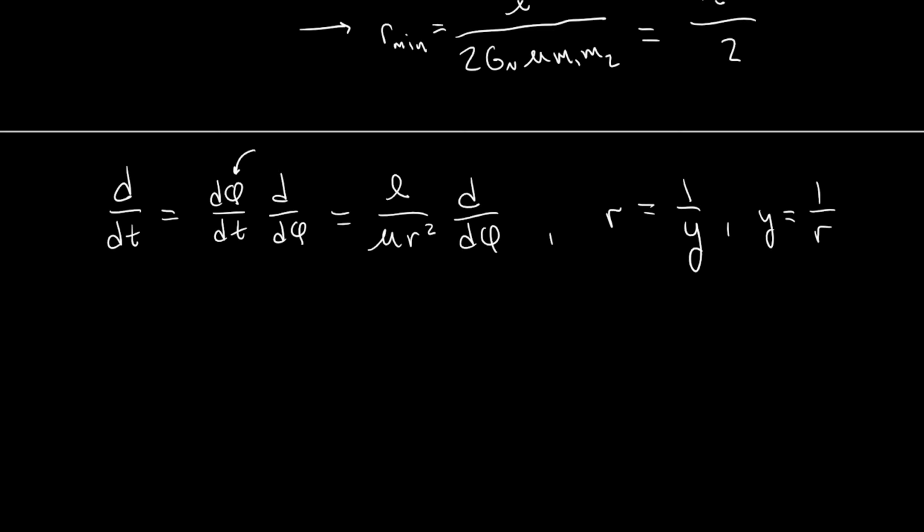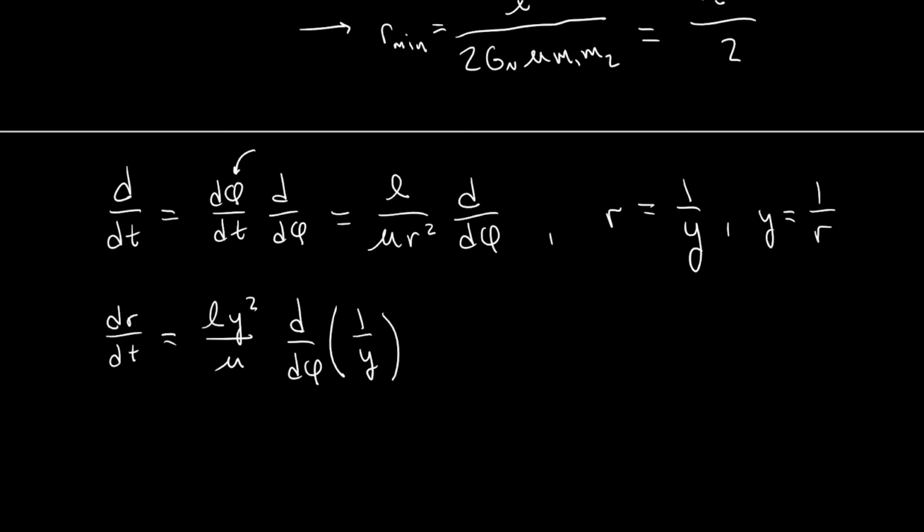But I can rewrite my first time derivative acting on r in terms of derivatives in terms of phi and y. So I get something like this, 1 over y.